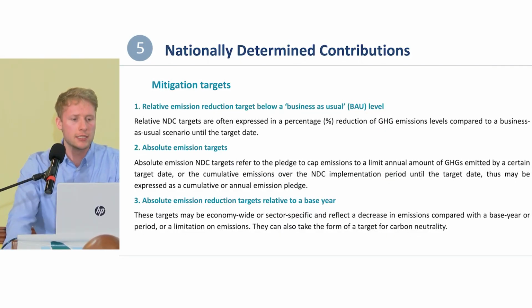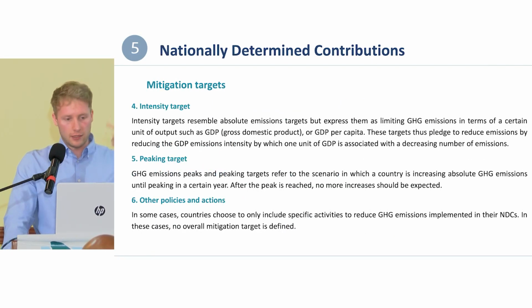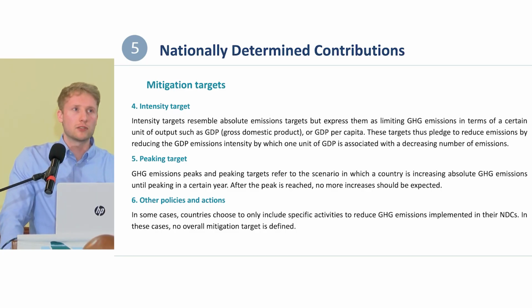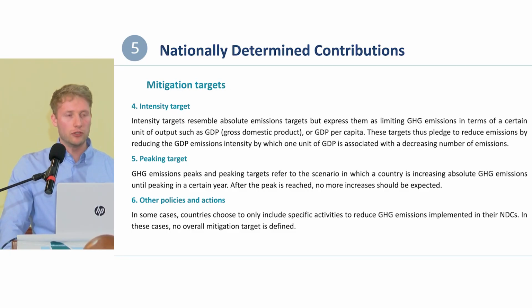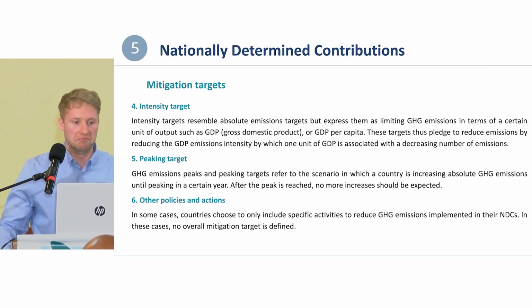So these were explained. Intensity targets, they're sort of absolute emissions targets, but in terms of a certain unit output, right? So some countries, what they say is, okay, instead of saying I will reduce X emissions, or these are my two scenarios and I want to have only a percentage of that, I say my emission reduction will be that per unit output of GDP, I only have 2 instead of 4, something like that.